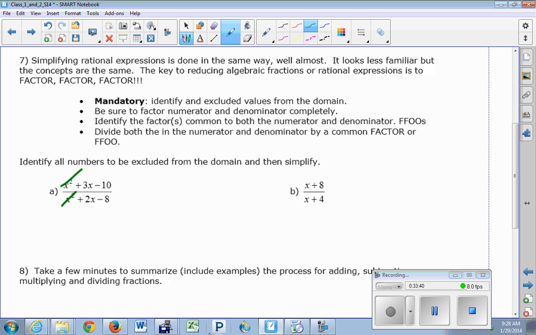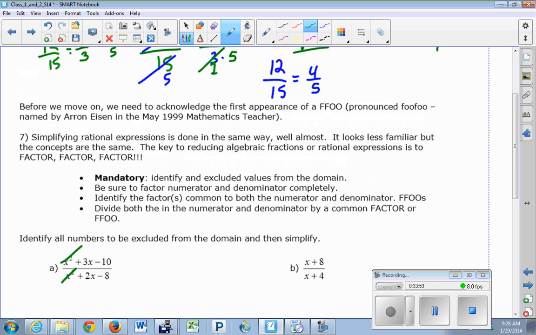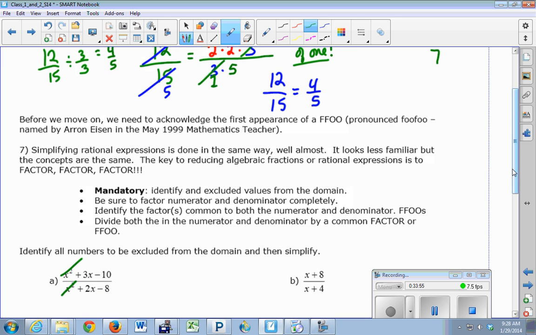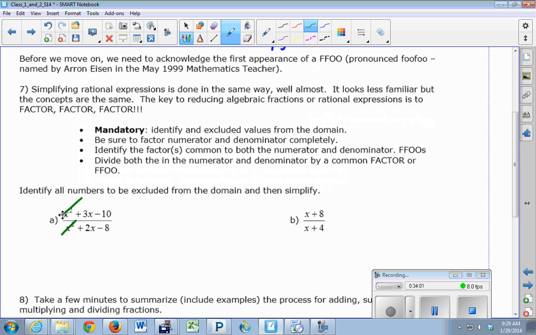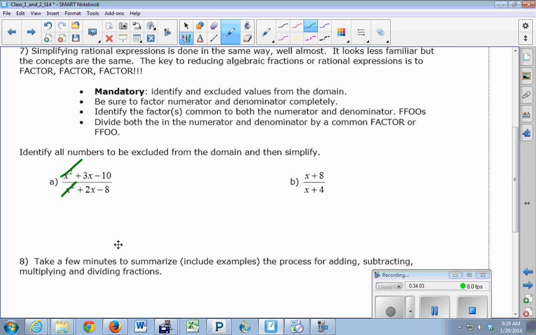No, it's all adding and subtracting. What you do with adding and subtracting in algebra is very different than what you do with multiplying and dividing. So you're not just looking for the same thing. That's one of the errors that we have when we're doing arithmetic. We're looking for the same factor. So everything has to be multiplied. Right now, everything is added and subtracted.